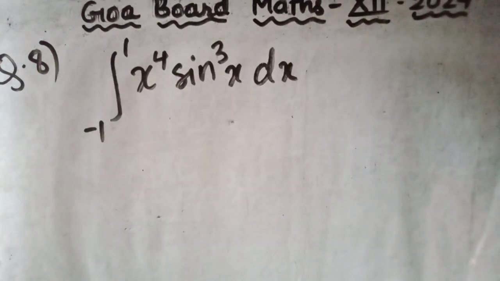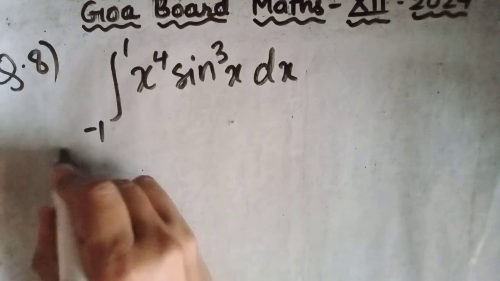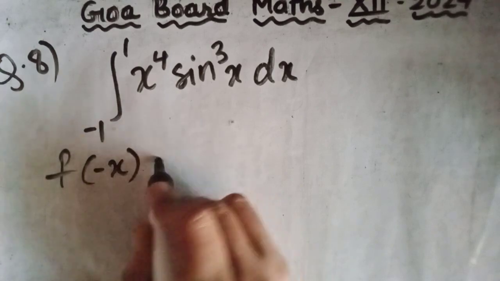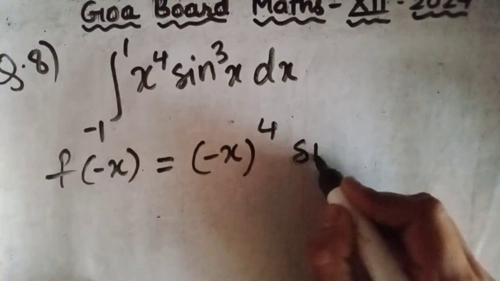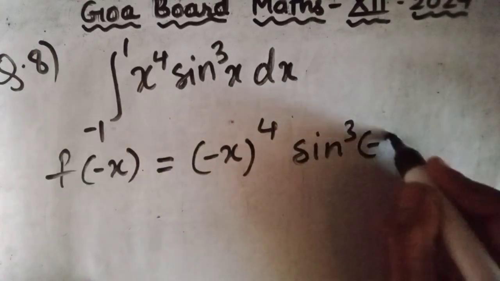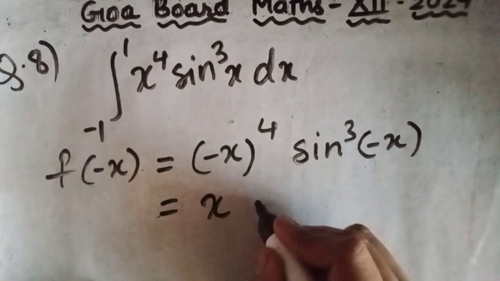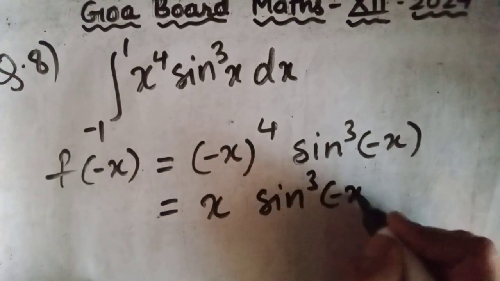So let's check whether this function is odd or even. If I put f of minus x, then this will be minus x raised to 4 sine cube of minus x. Okay, so this is x to the 4, and this will be sine cube of minus x.